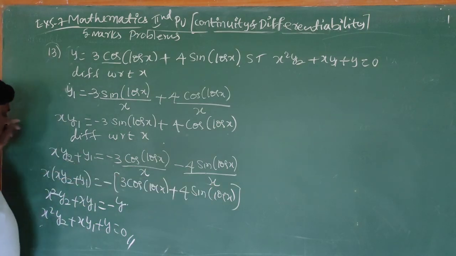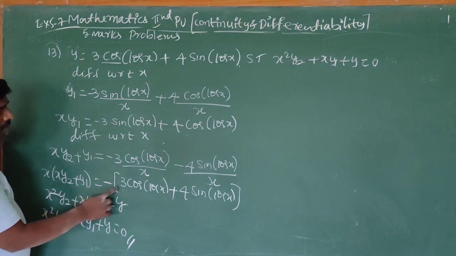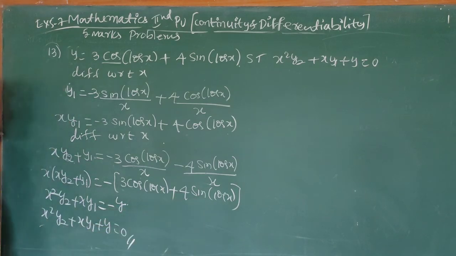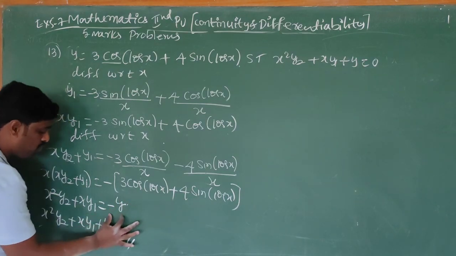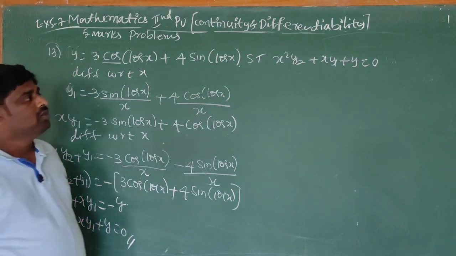This x will go to LHS. X into xy2 plus y1 is equal to minus 3 cos of log x plus 4 sine of log x, which is nothing but y. X square y2 plus xy1 plus y is equal to 0.